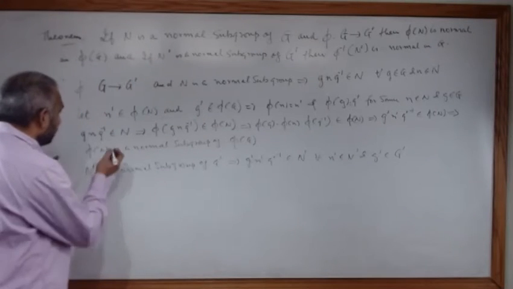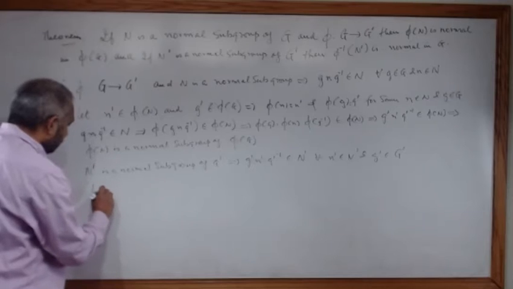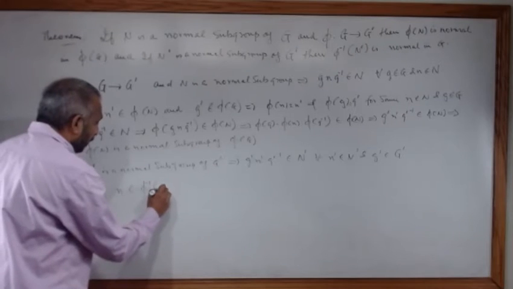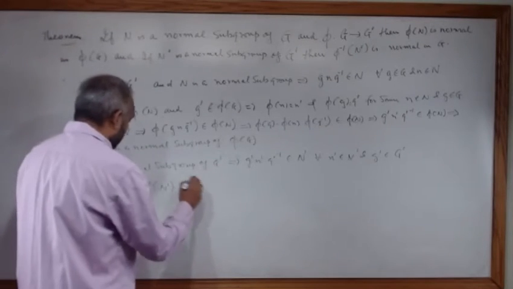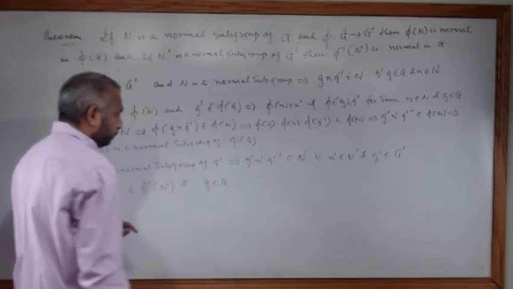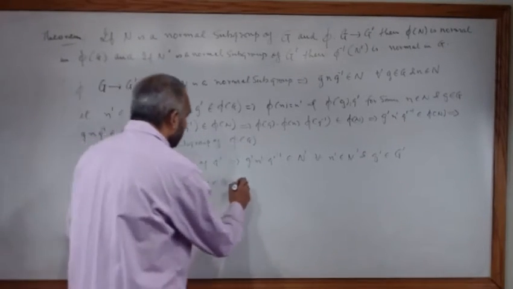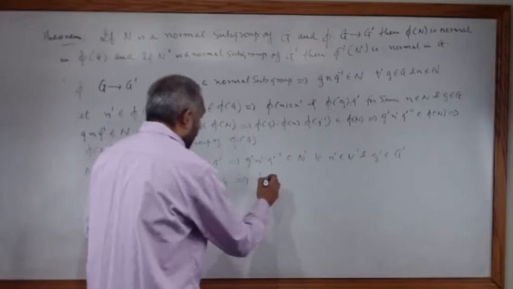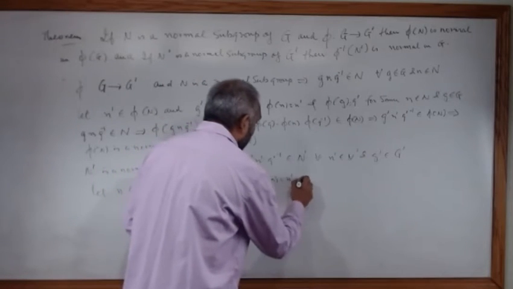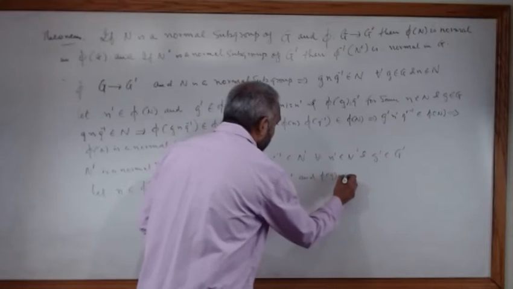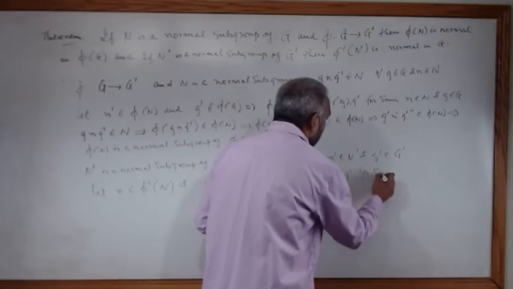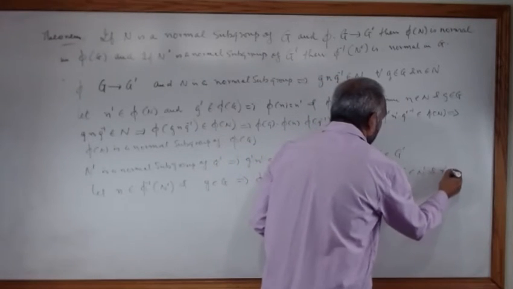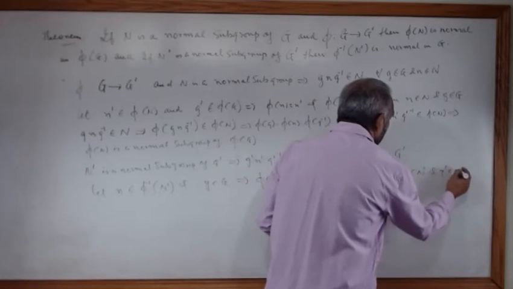So similarly, let n belong to phi inverse of N prime and g belong to G. So this implies phi of n is equal to n prime and phi of g is equal to g prime for some n prime belongs to N prime and g prime belongs to G prime.